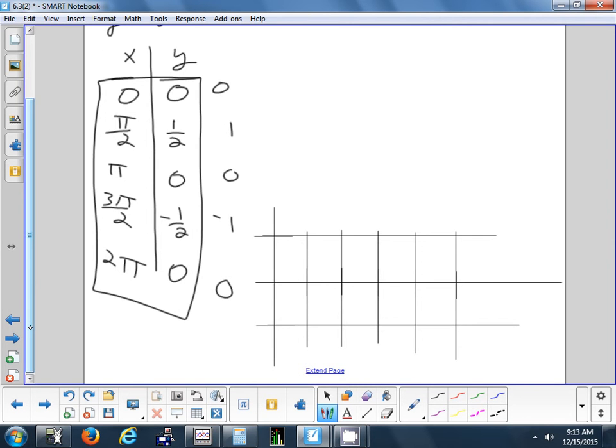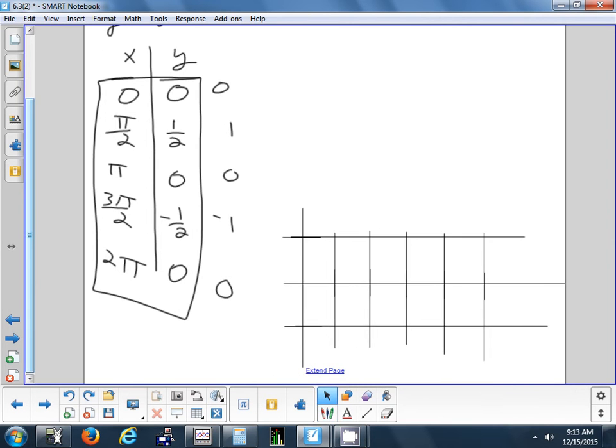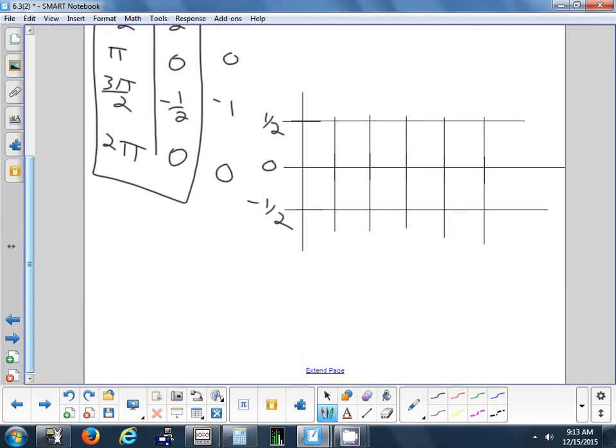All right, so this time we've got some choices. If you want to keep this as 1 and negative 1, you can, and draw in a mark for 1/2 and negative 1/2, or just do your scale like this. That's fine too. But whatever you do, make sure you write your labels on the test. Don't forget that.